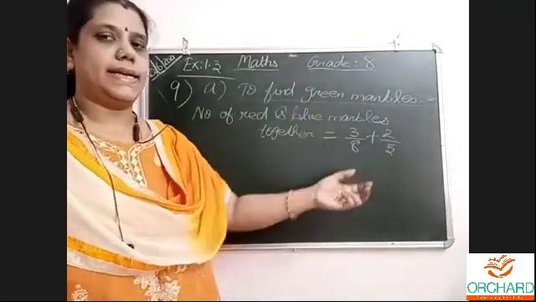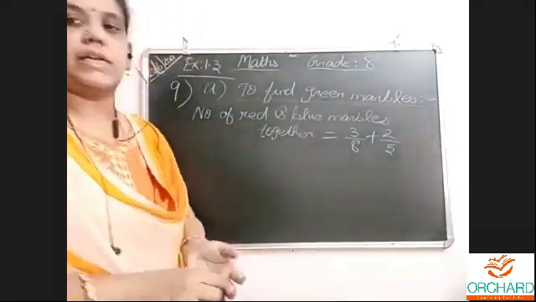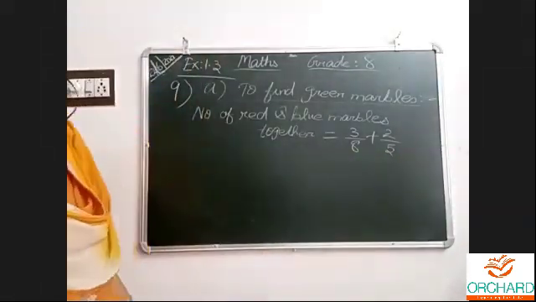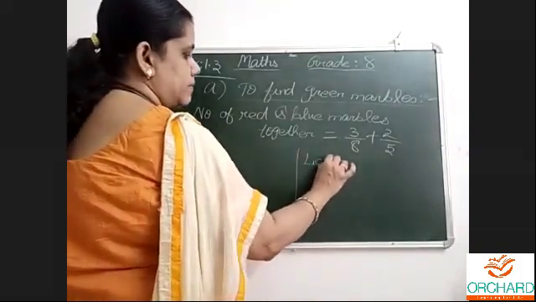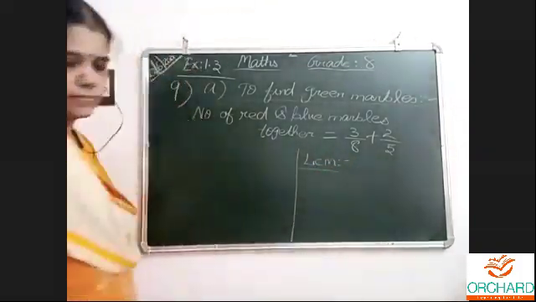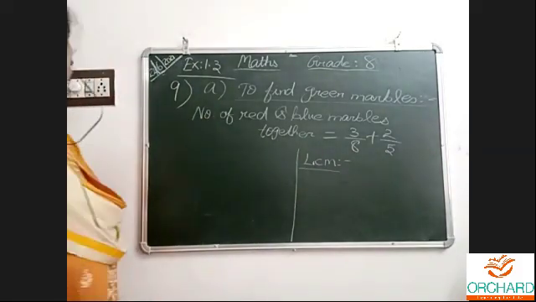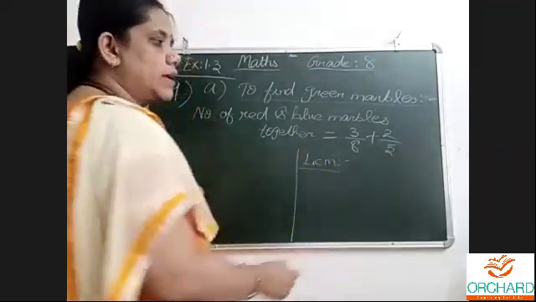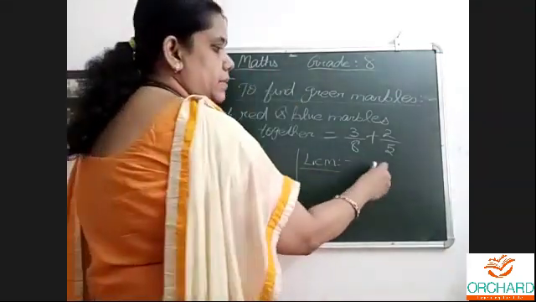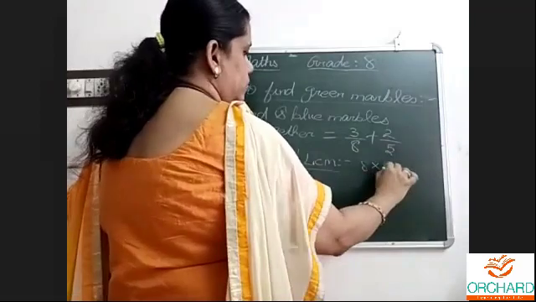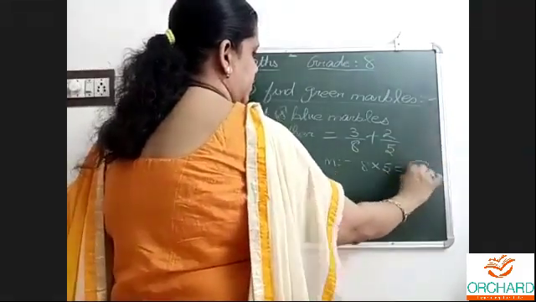We cannot do that directly. For that, we need to take the LCM. As usual, always LCM first. LCM of these two numbers. Directly also you can multiply, 8 5s are 40, or you can use the L method. Both will give the same thing.